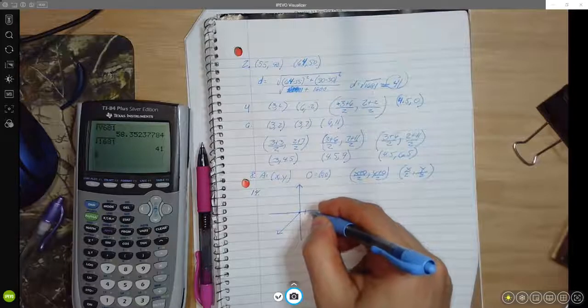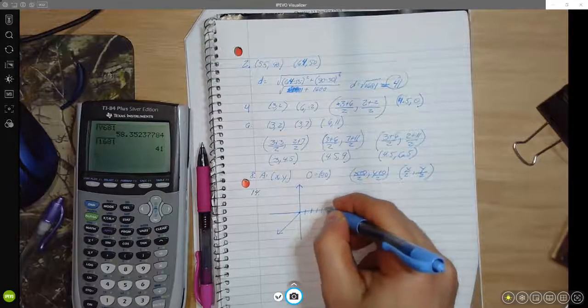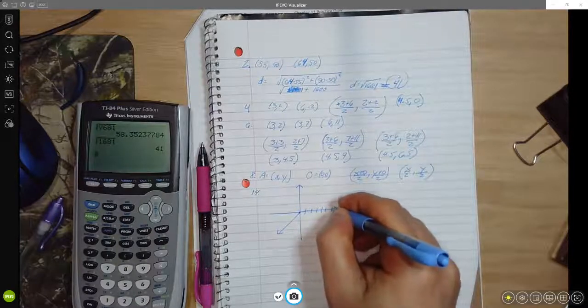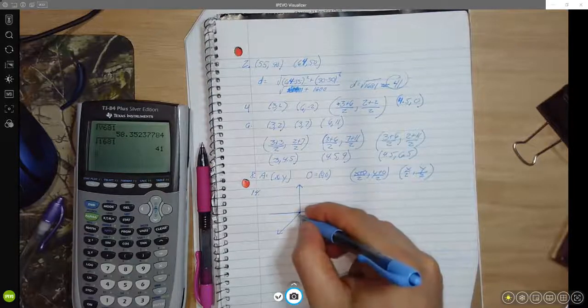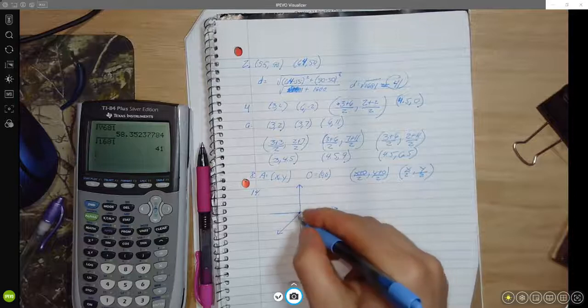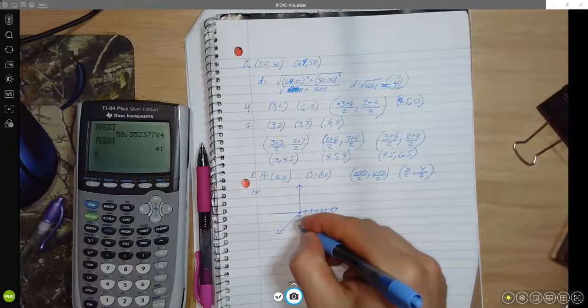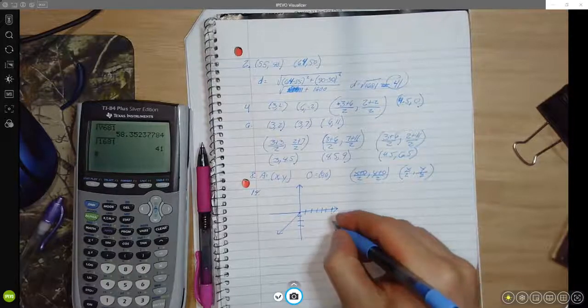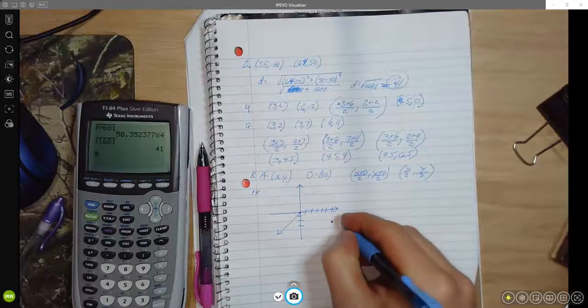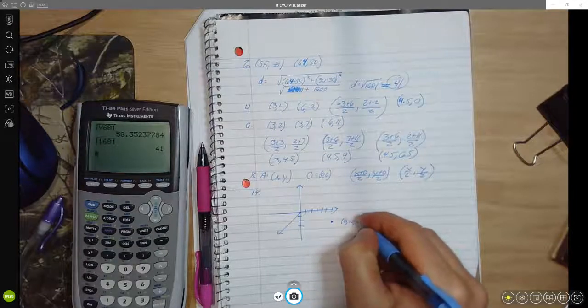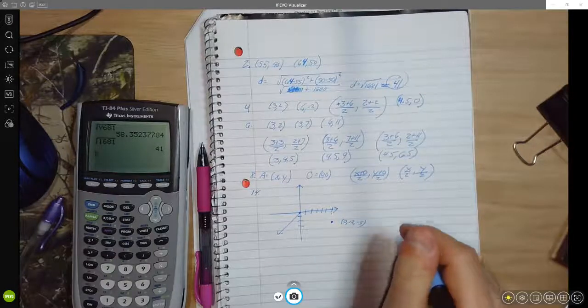Let's count by twos: 2, 4, 6, 8, 10, 12. And then down 5: 2, 4, 6. So 0 in the x direction, 12 in the y, 5 down the z.